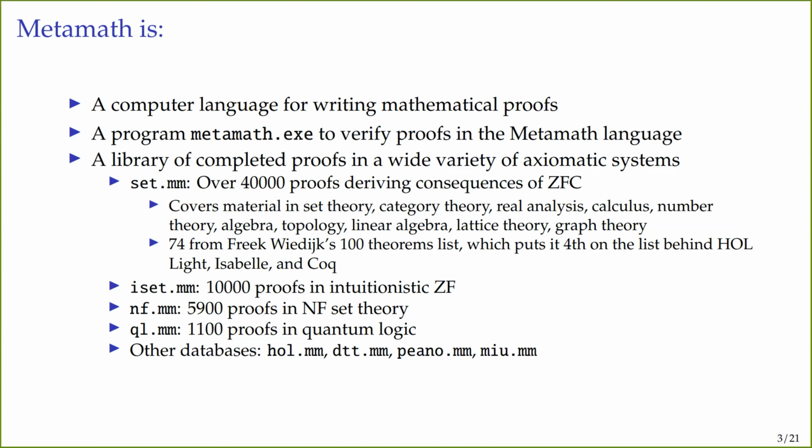NF is doing Quine's New Foundations set theory, and QL.mm is doing quantum logic, which I don't know that much about, but apparently Norman McGill thought it was an interesting logic to prove theorems about, and he did quite a bit. And there are other databases like HOL.mm, dependent type theory, Peano arithmetic, and even Hofstadter's MIU system. So this is just to say that Metamath supports a very wide variety of axiomatic systems, including strange logics that maybe you don't know that much about.